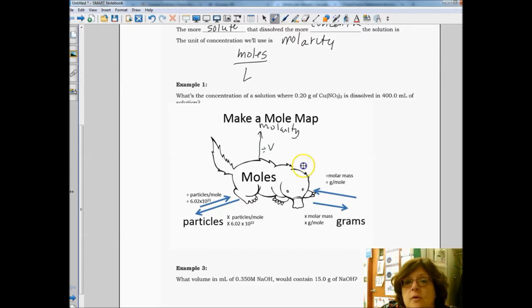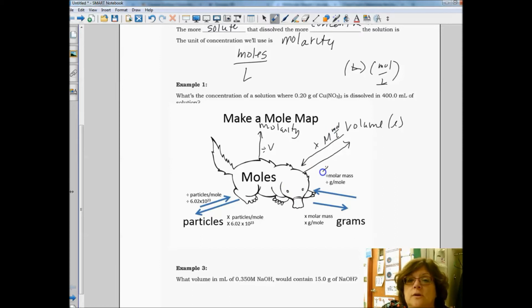Now, if we switch that around and we know the volume of a liquid in liters, we can take the volume and multiply it by molarity. How does that work? Volume is measured in liters, and molarity is moles per liter. If we multiply those, the liters will cancel, and we get moles.